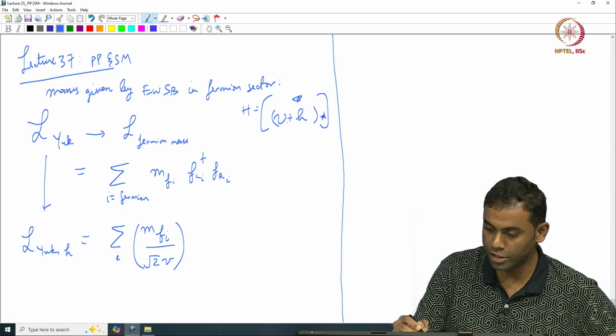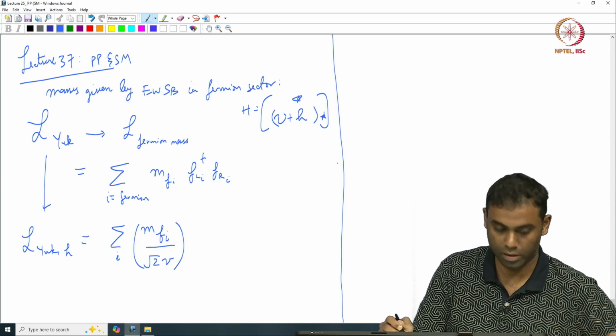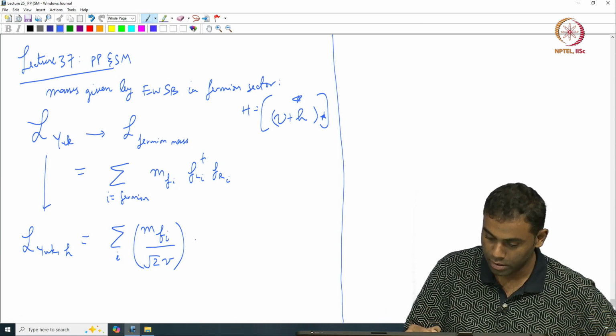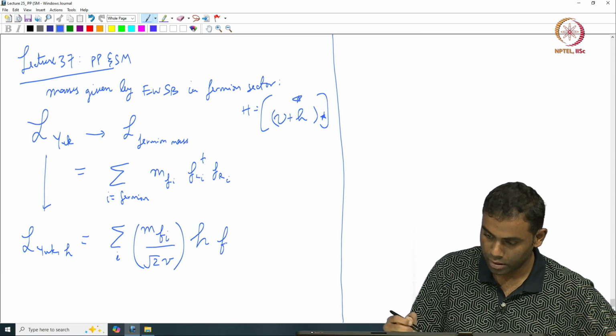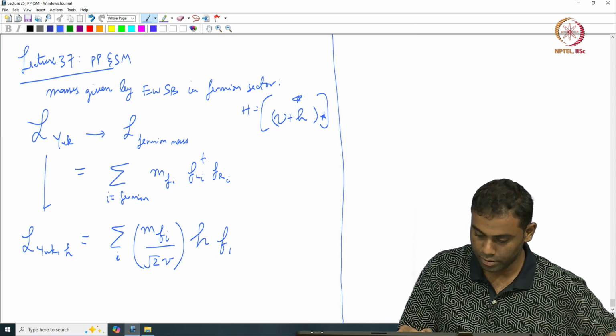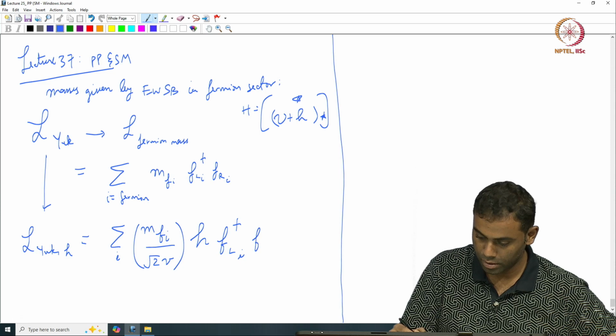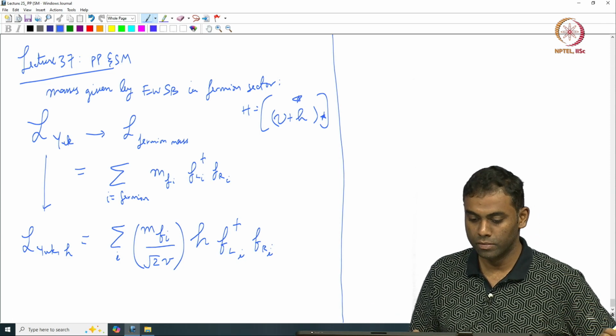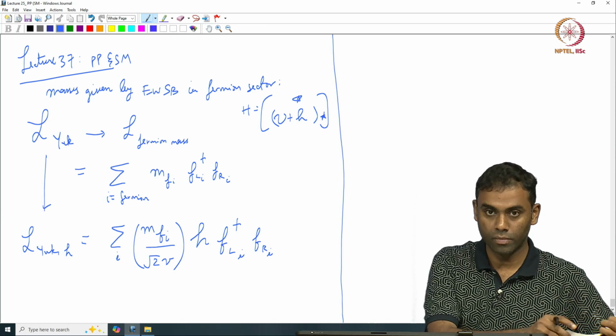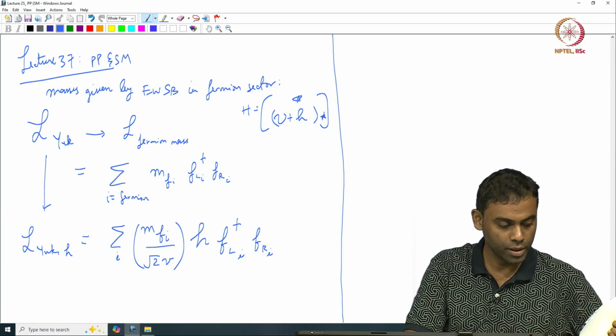Agreed, every time I have a H I have a v outside. So I can literally write down the coupling of the Higgs itself, which should look like this.